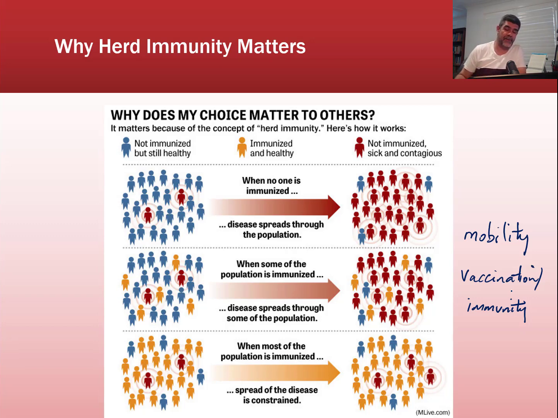Now, there's two ways to increase the chances of two susceptible individuals running into each other where one is affected. And that is, one, if those individuals are highly mobile. So if there's lots of movement, and a movement can be things like travel, they can be immigrating or emigrating.